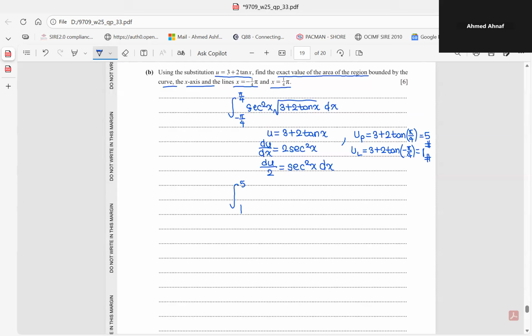So from 1 to 5, square root u over 2 du. Since secant squared dx is du over 2, you can move the 2 in here and you can have du in here.